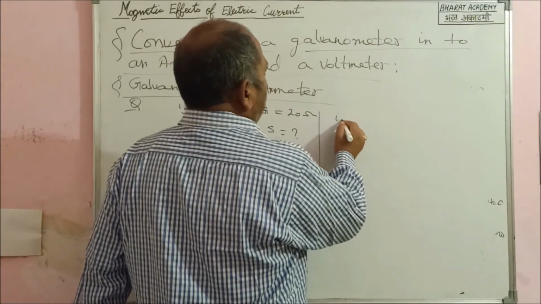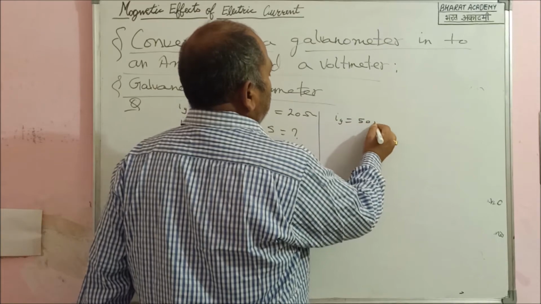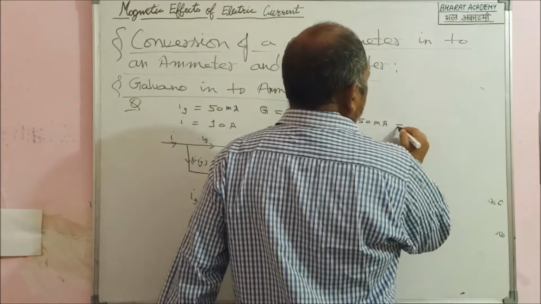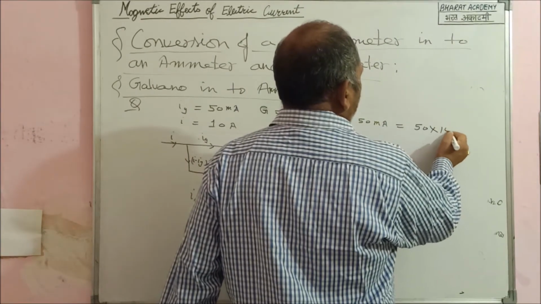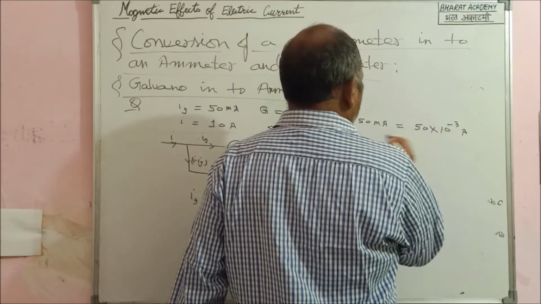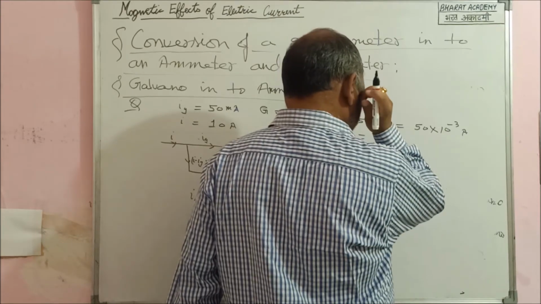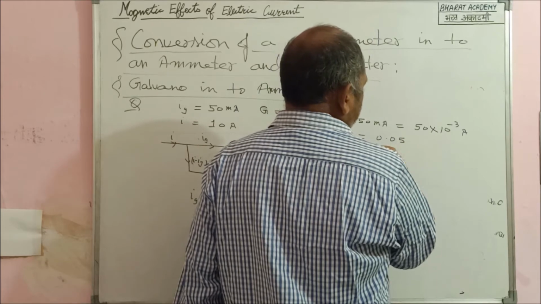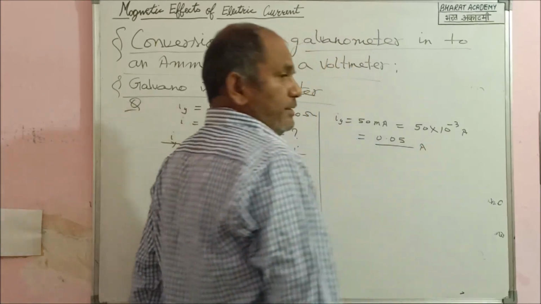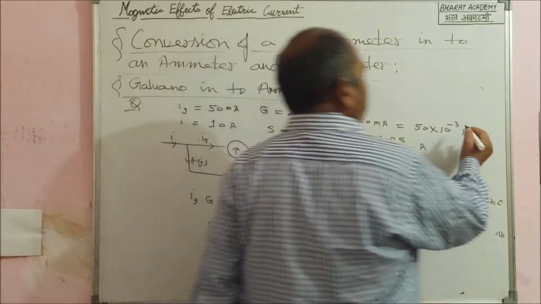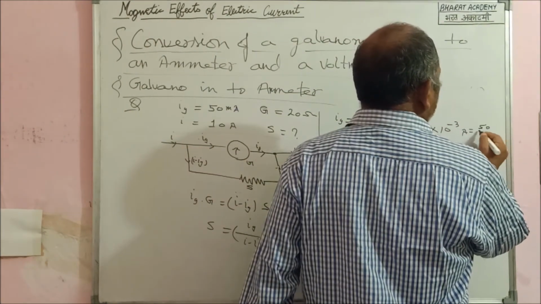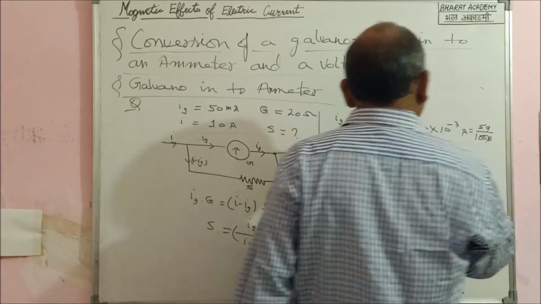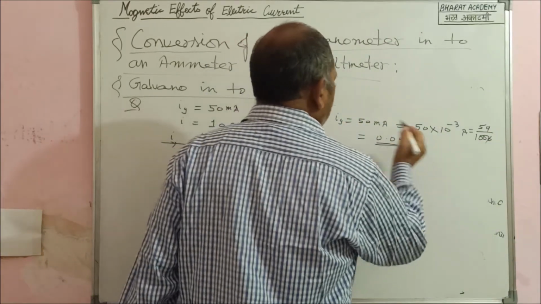Look, Ig is given as 50 milliampere. Don't try to be over smart. Let it come to the basic. 50 into 10 to the power minus 3 ampere, right? What should be the value? It will be 0.05. Even if you are having a problem, come to the basic. 5 by 100, it is 0.05 ampere. Make sure you calculate this value.